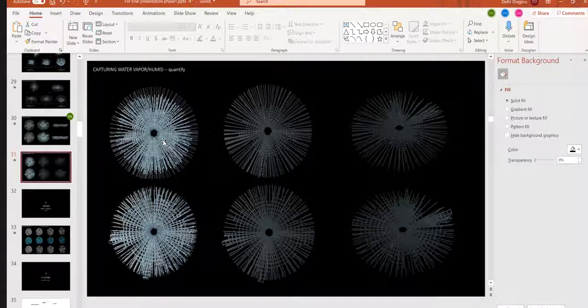Oh, now I'm getting confused. So first one, you check how much water it can capture. So it has to do more with the surface area of it and perhaps some kind of stickiness that keeps the water particles, the vapor particles, on it, right? And to a certain degree, you can actually simulate that.